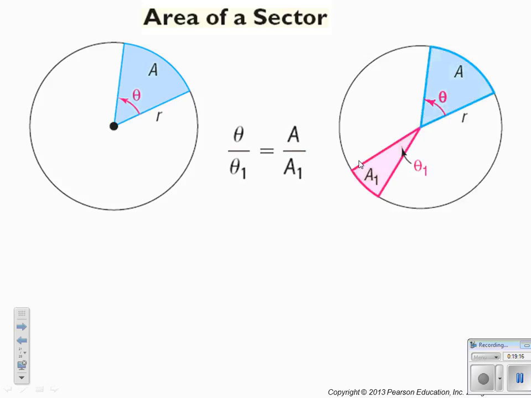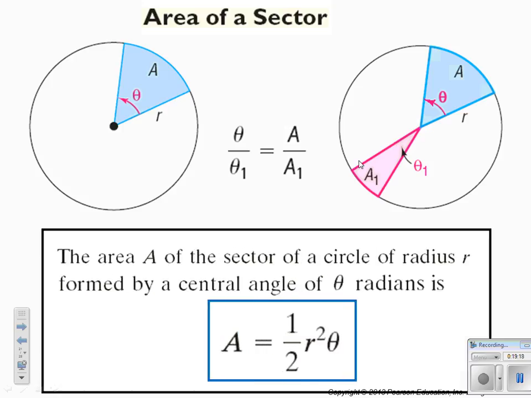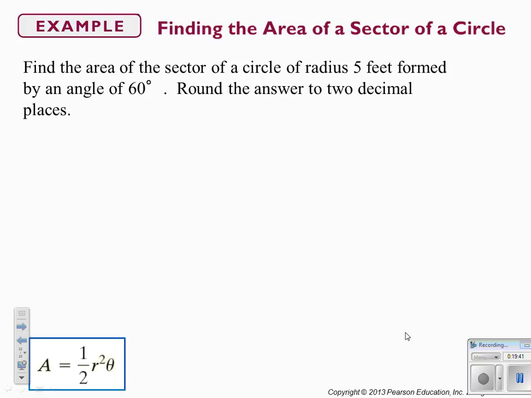Because the areas are proportional, we can say that the area of a sector is 1/2 r squared theta. What's the area of a sector? Theta has to be in radians. If theta is not in radians, this doesn't work.